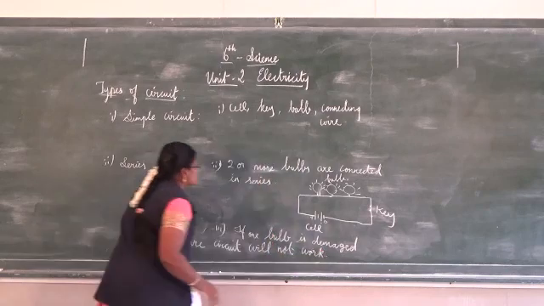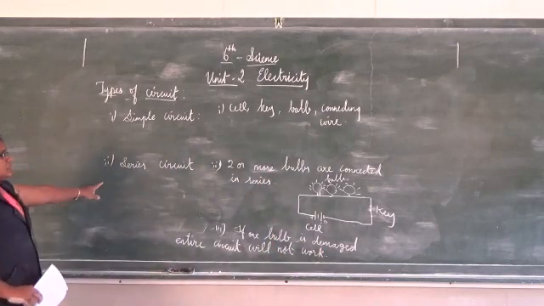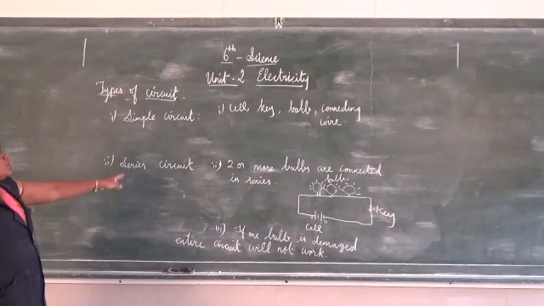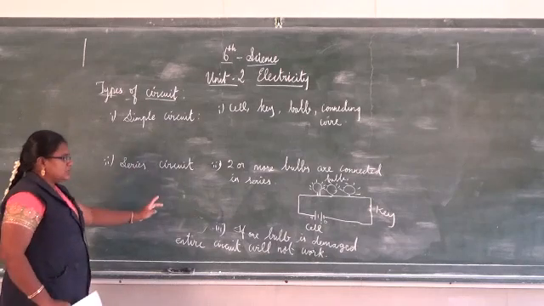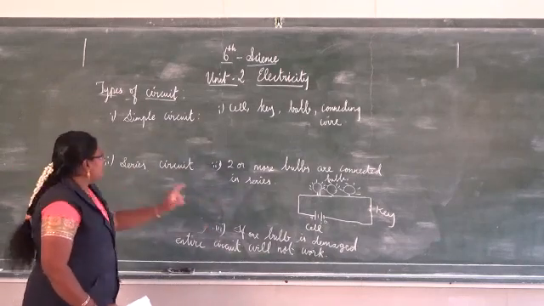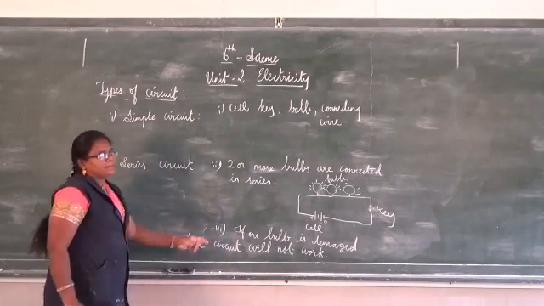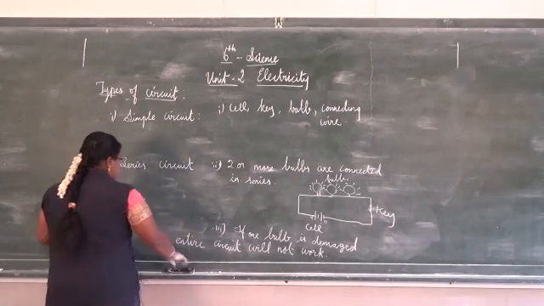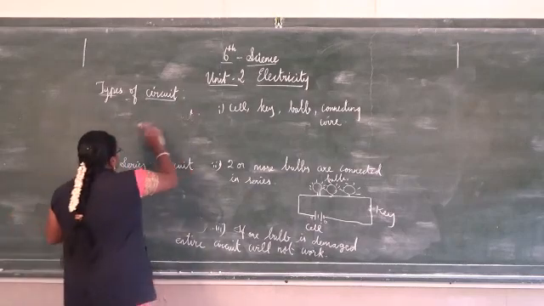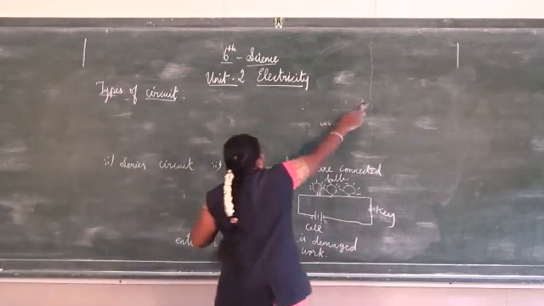Understand children? This is what happens in the series circuit. Two or more bulbs connected in series, this is the circuit diagram, and if one is damaged, the entire circuit will not work.